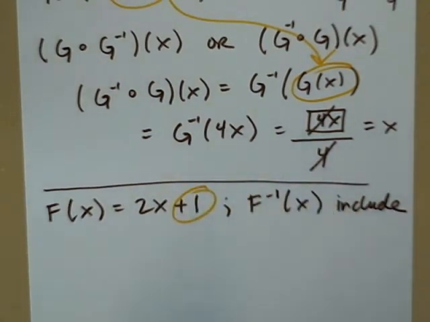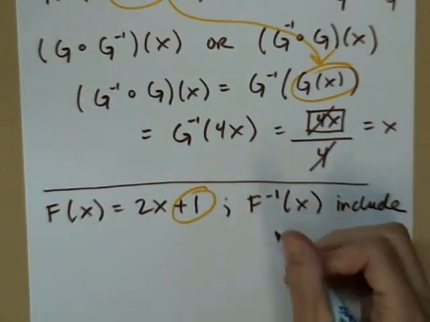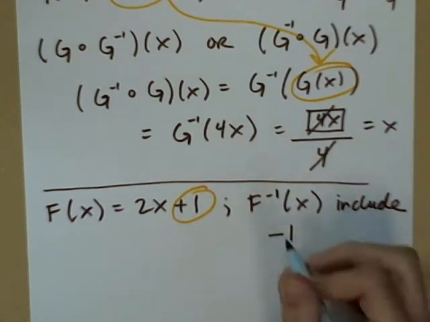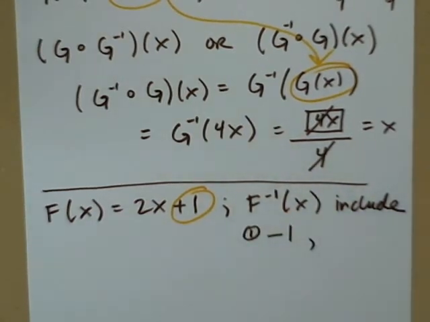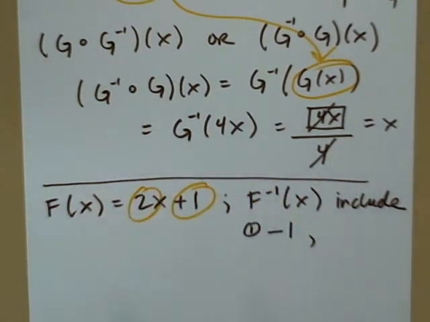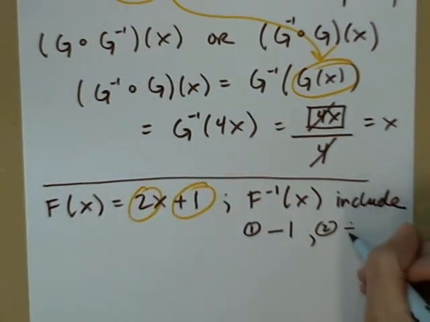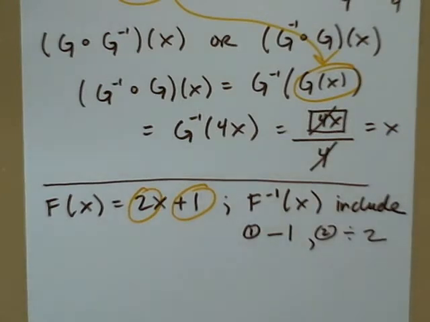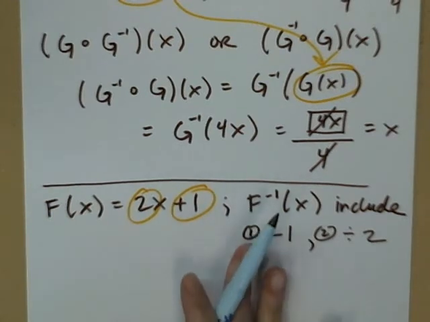I have a plus 1, so I know it needs to include a minus 1. And I also have a multiply by 2, so I know that I need to include a divide by 2. When I do an inverse operation, I want to make sure that I'm undoing my operators in the reverse order.